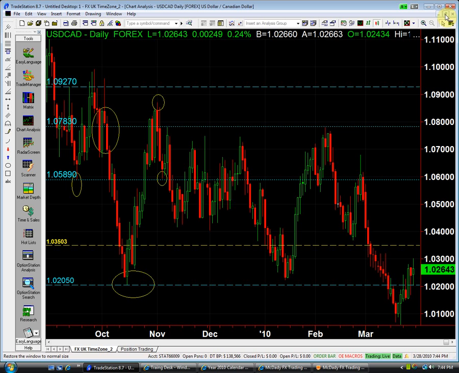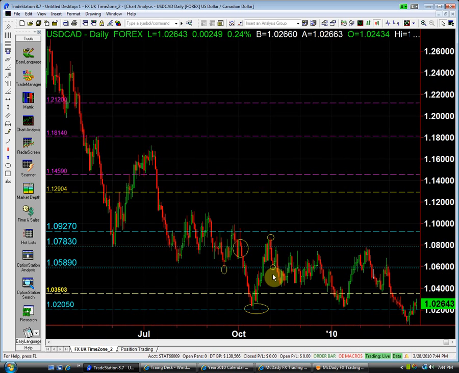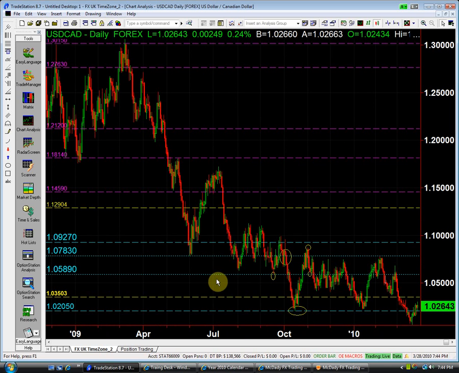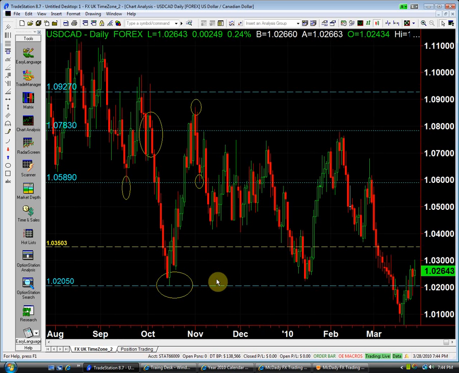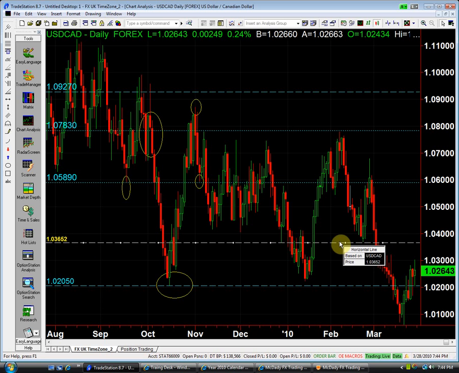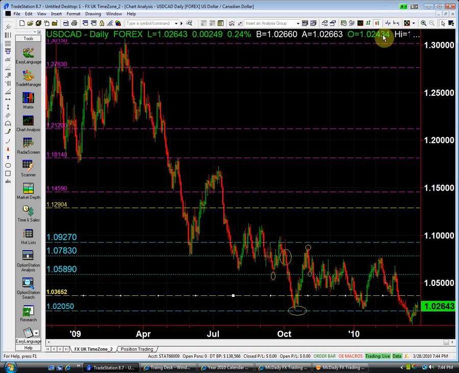And our structural point is still as is, trying to find the structure long on the weekly.